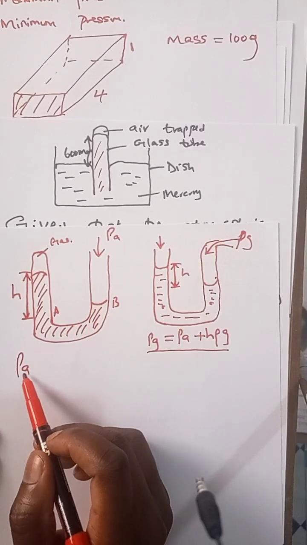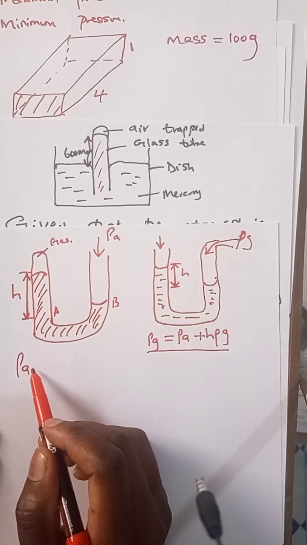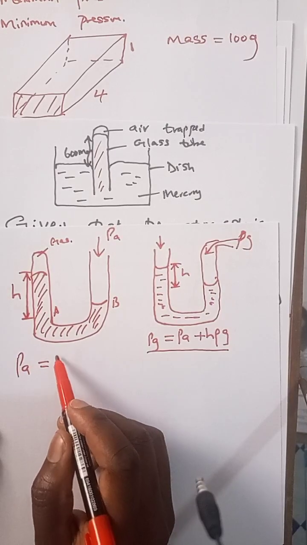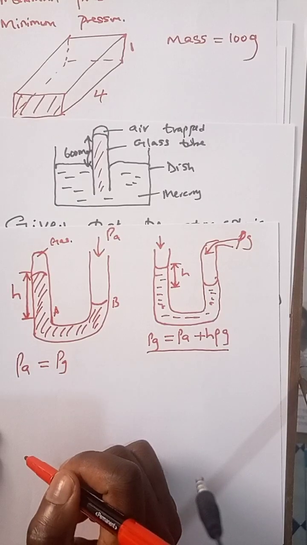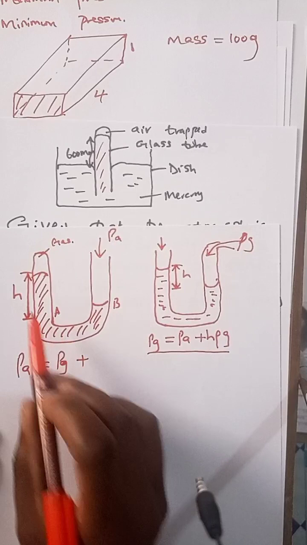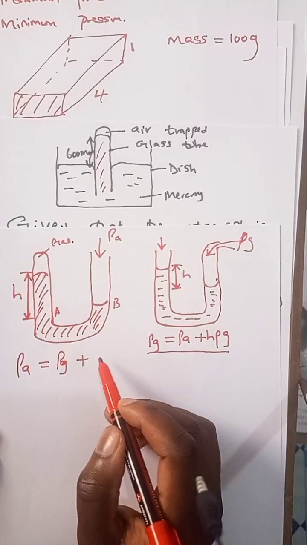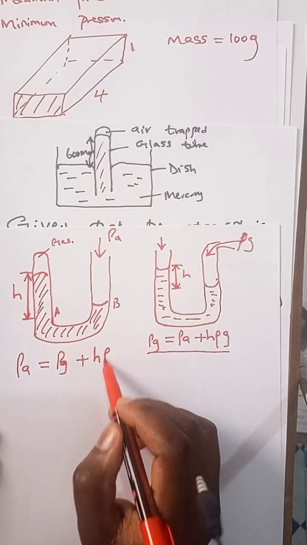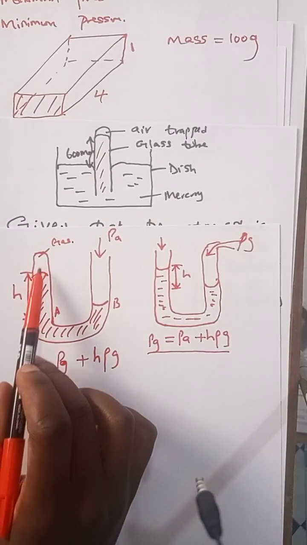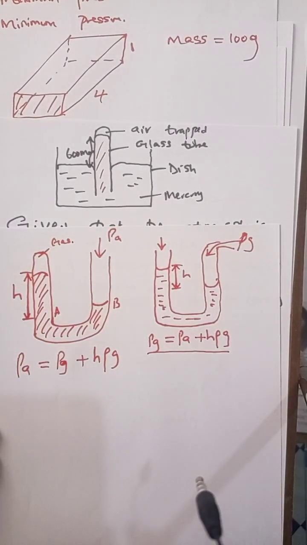So we'll talk about atmospheric pressure being equal to the pressure of the gas, PG, and the pressure due to the height column, h rho g, are the ones acting on the same end.